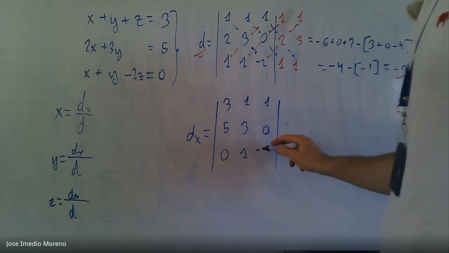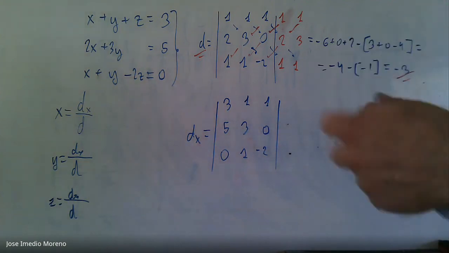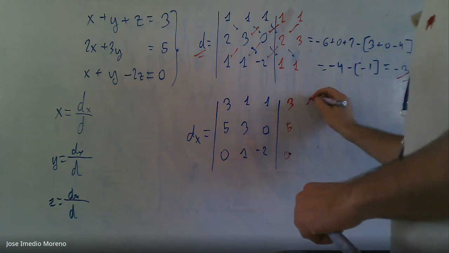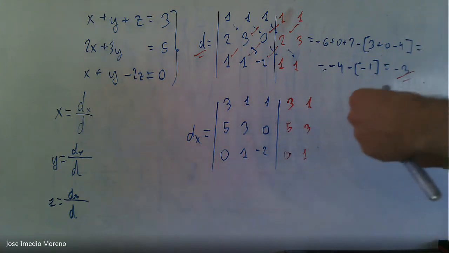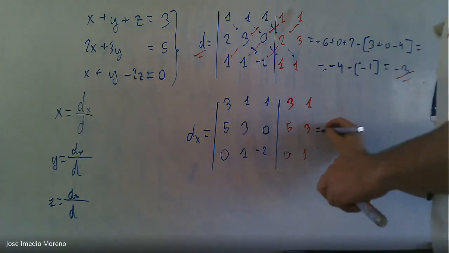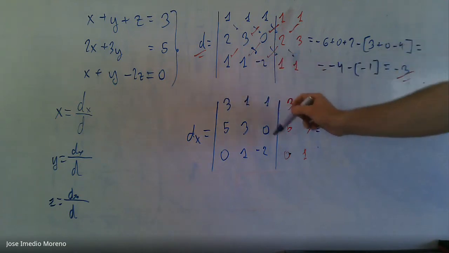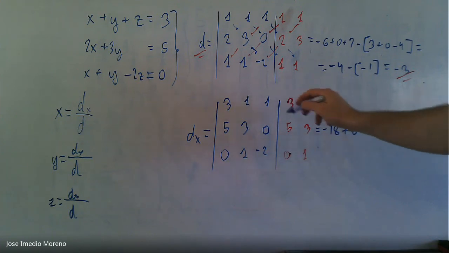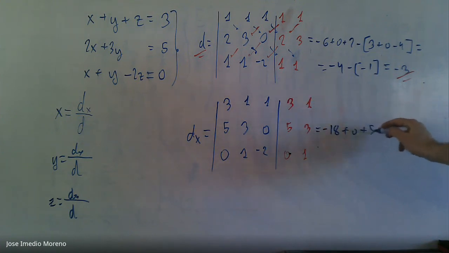Let's copy the first two columns again, 3, 5, 0, 1, 3, 1, and start computing. 3 times 3 times minus 2, that's minus 18. 1 times 0 times 0 is 0. 1 times 5 times 1 is 5.